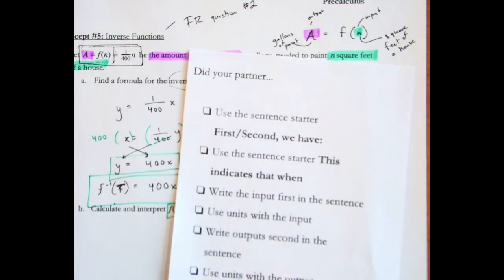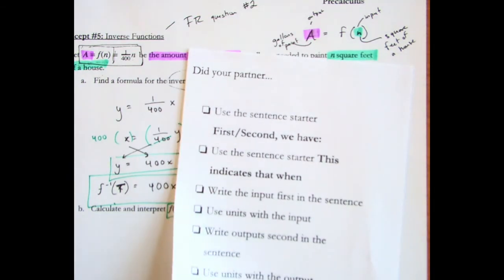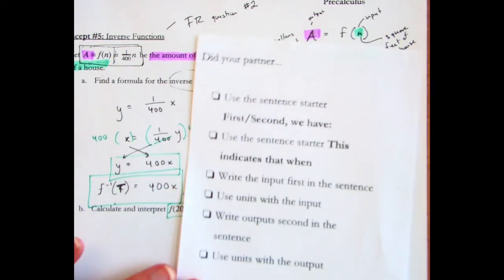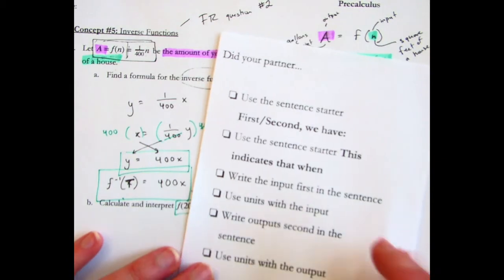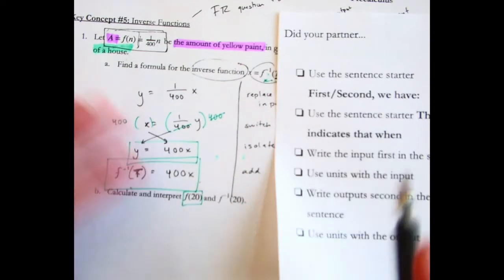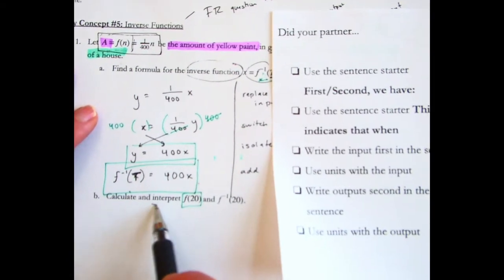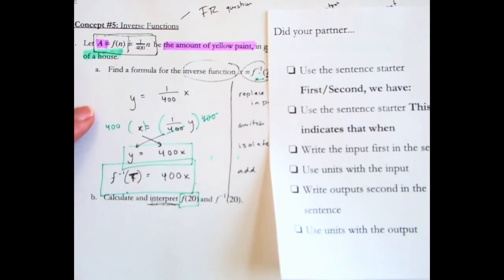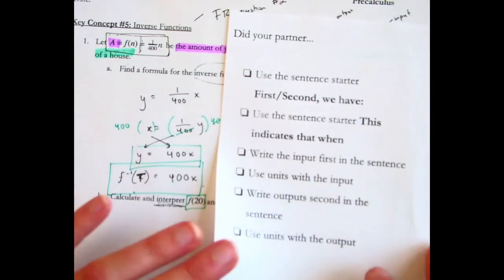In order to get full points, in order to have a fully built out response to these questions, you need to make sure you have all of these elements because of this word interpret. So interpret in math tells us we're going to be kind of like structuring an argument. We're not just going to be doing math. So we're going to use English language as well.